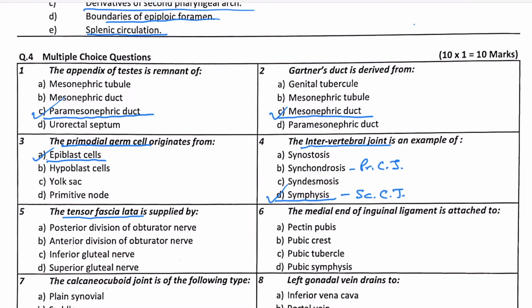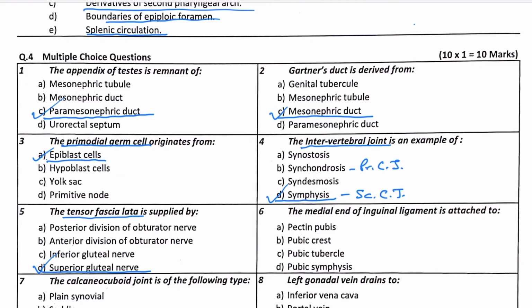This muscle, arising from the anterior superior iliac spine up to the iliac tubercle on the outer lip, is called tensor fasciae lata. This muscle is innervated by the superior gluteal nerve, and this nerve supplies two other muscles also, that is gluteus medius and gluteus minimus, and this nerve runs in between these two muscles.